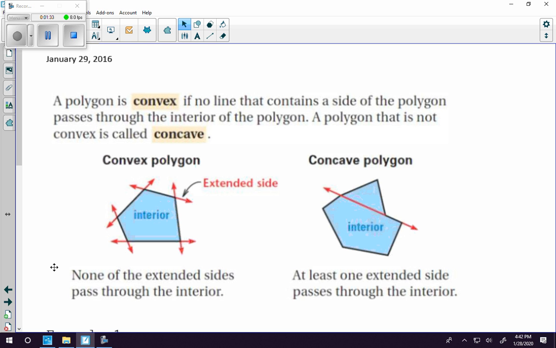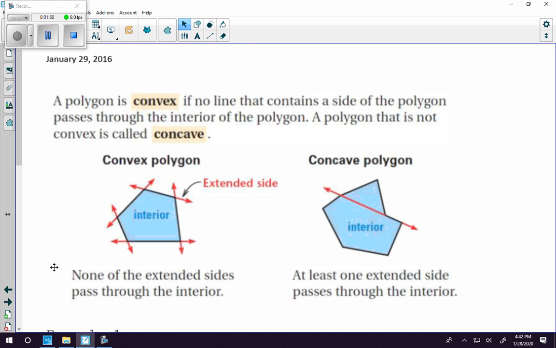The bottom line is this. If you take a look at the convex polygon on the left, you'll notice that 1, 2, 3, there's 5 vertices there. It's a convex pentagon. But if you look at the 5 vertices, you'll notice that none of them have been punched in.